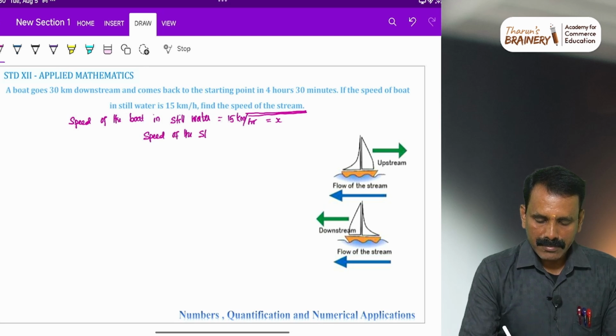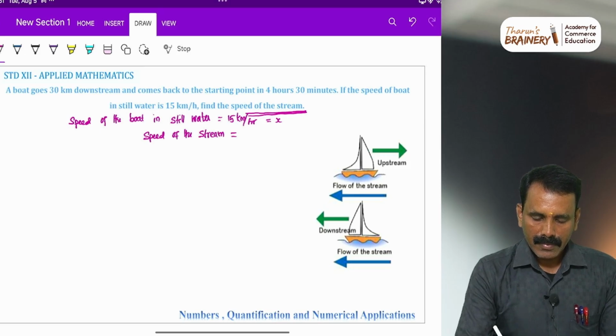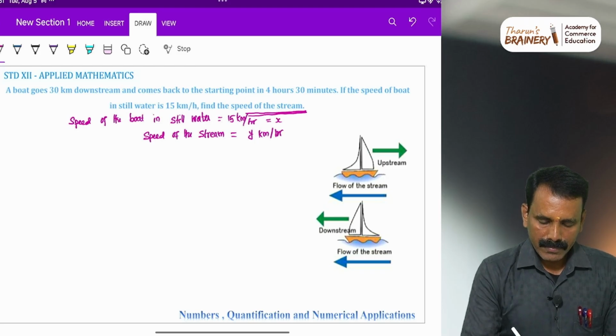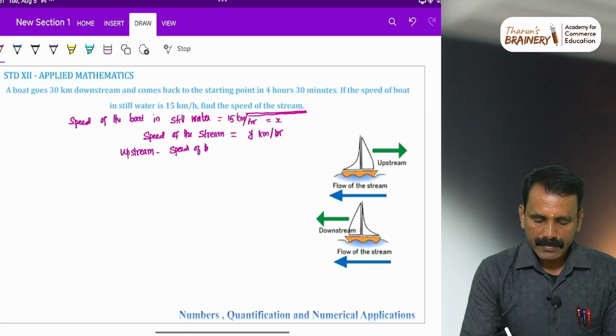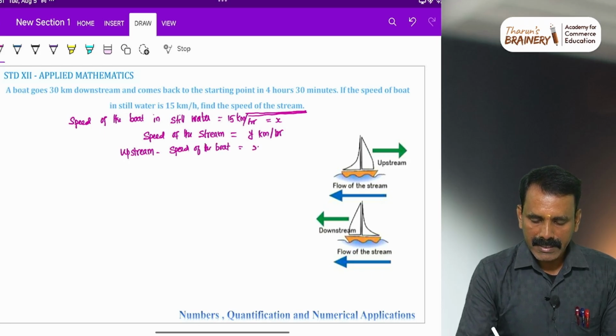Speed of the stream, we take it as y km/h. Upstream speed of the boat, it is going to be x minus y, which is nothing but 15 minus y.